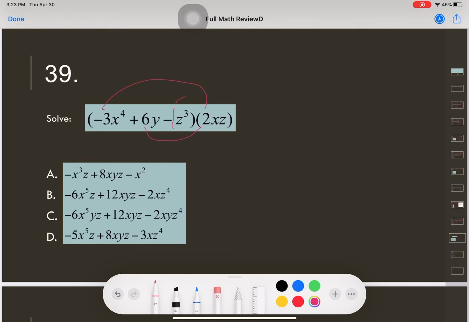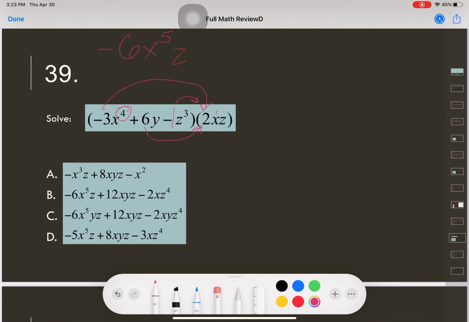Negative 1 times 2, and then times x times z. All right, so negative 3 times positive 2 will be negative 6 x to the 5th, because there's 4 of them there and 1 here.